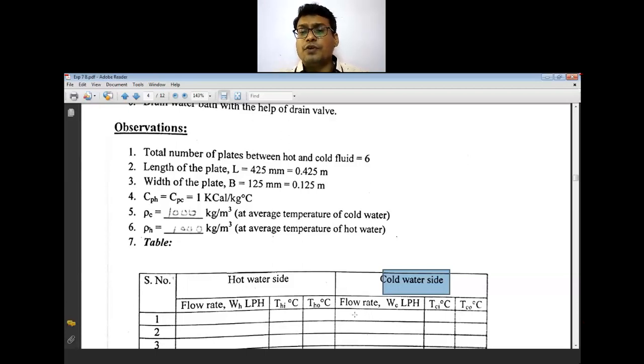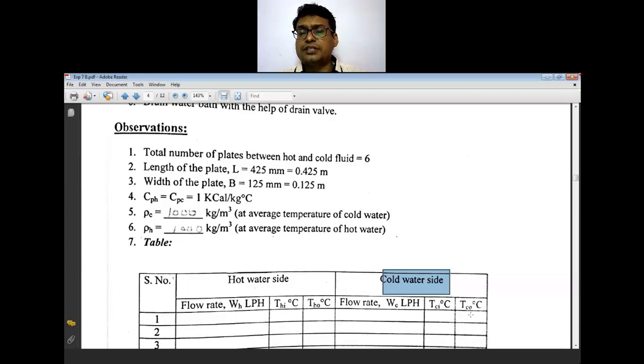With the help of a rotameter, I am going to adjust the water flow rate on the cold water side, for which I am going to measure the inlet temperature and the outlet temperature. There is one inlet and one outlet temperature for the cold water side.